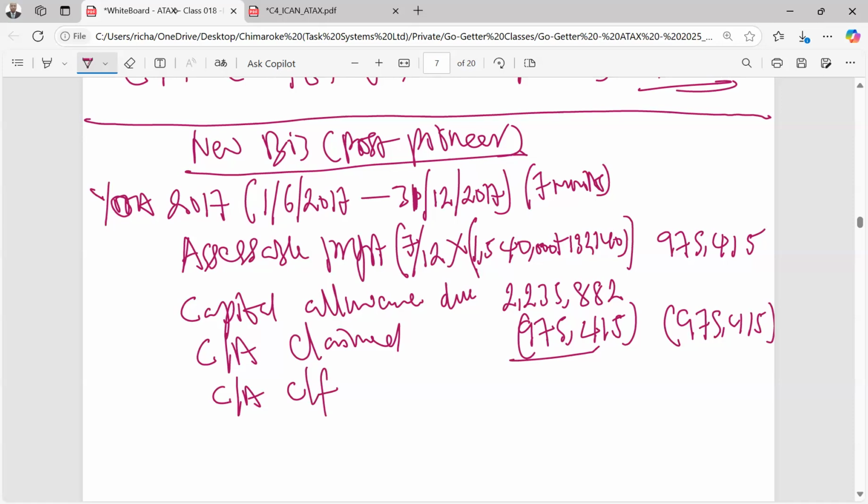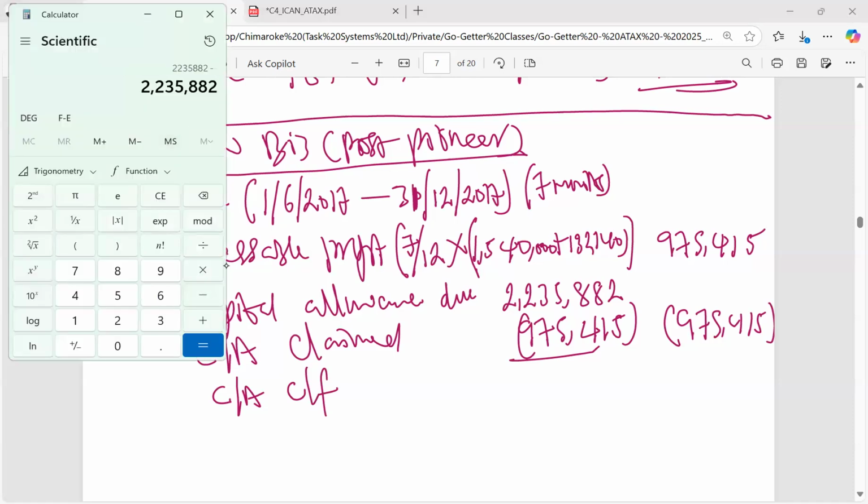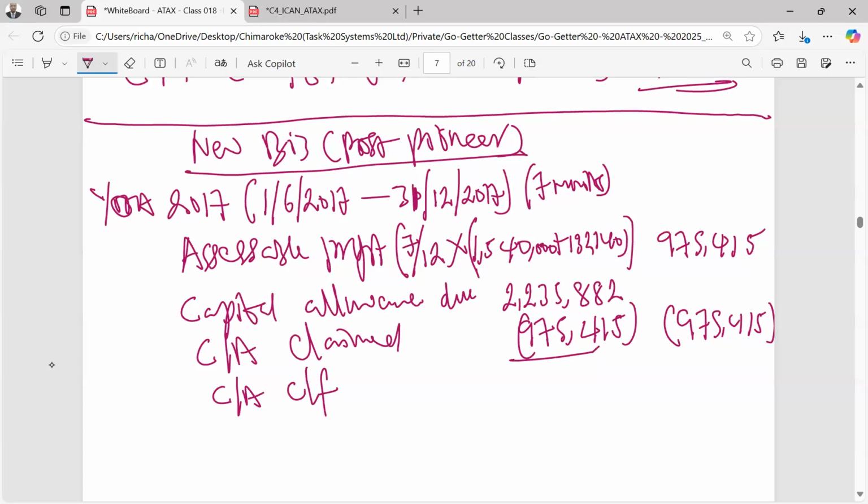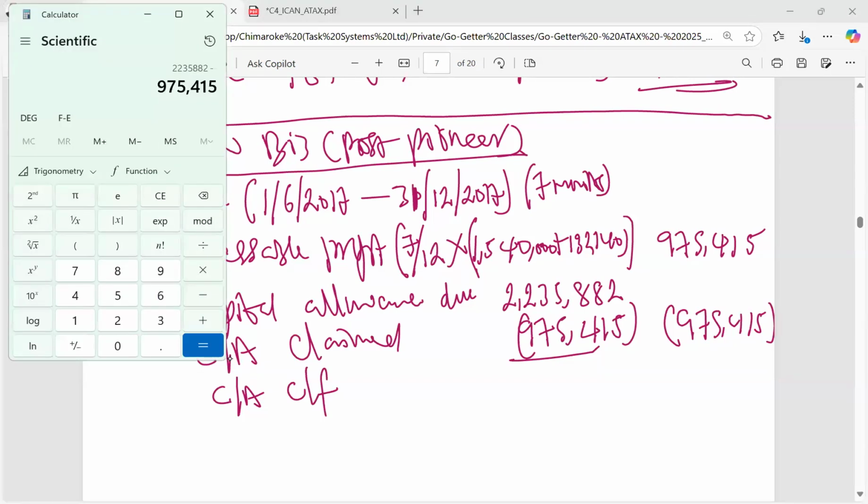All right, so capital allowance carried forward. What will that be for us? This is what we have as our capital allowance. We are removing the one we claimed, 975,415. So it's going to be 1,260,467.